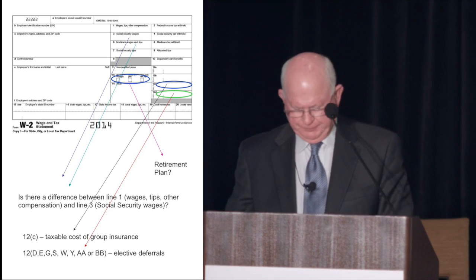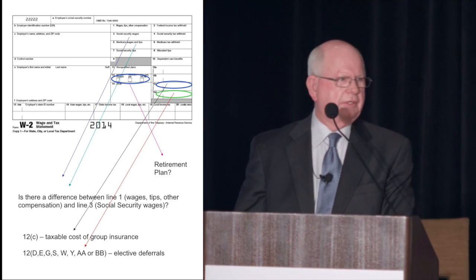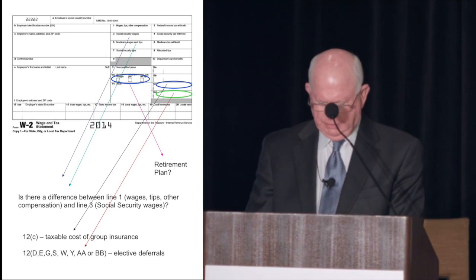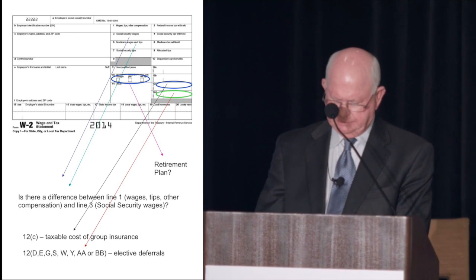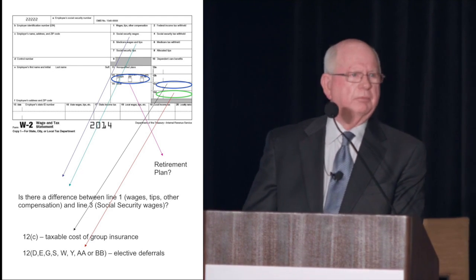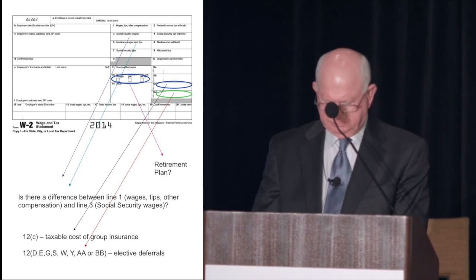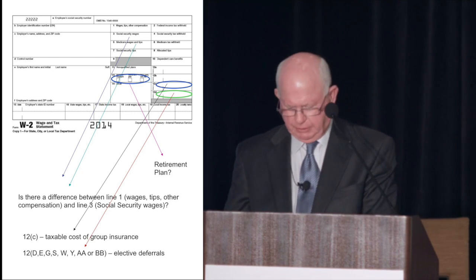Code DD is the cost of employer-sponsored health coverage. That's a new item as of last year's W-2s, and that of course is required under the Affordable Care Act. Note that at the current moment, this amount is not included in income. I said at the current moment. Who knows what will happen as we go forward.